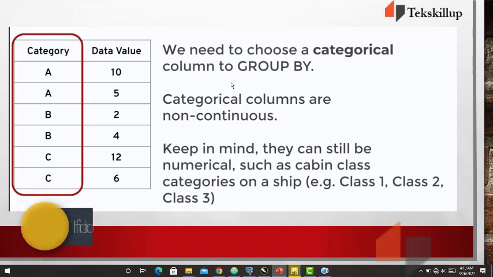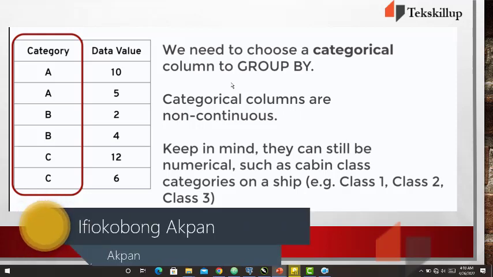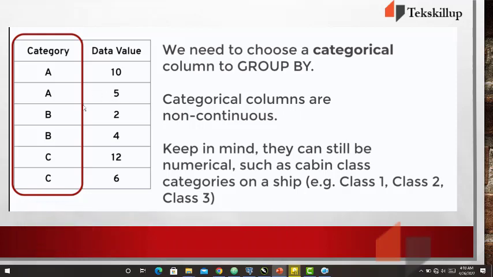Now, these categorical columns are non-continuous, right? But keep in mind that they can still be numerical. For example, when we were using our pgAdmin, that's the DVD rentals database, we came across some of the rental rates in our record. And you notice that we had repetitive values there.